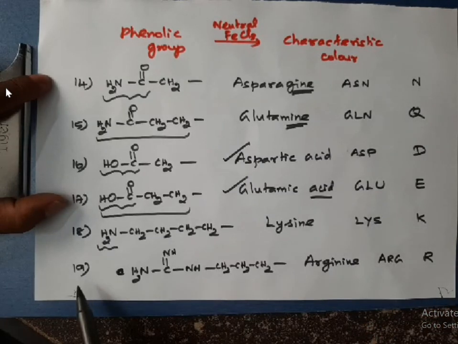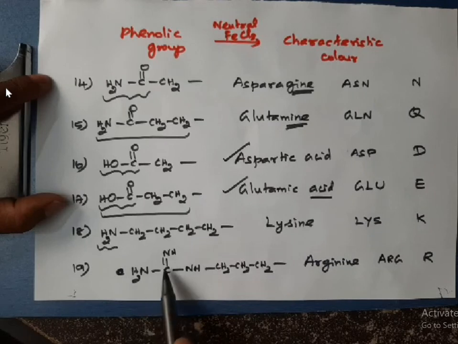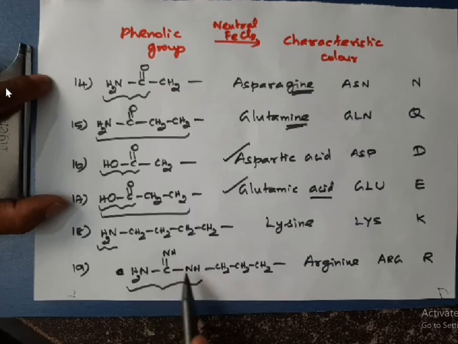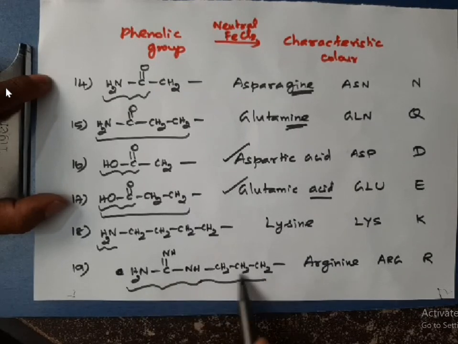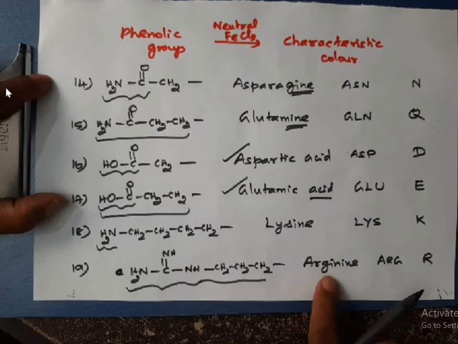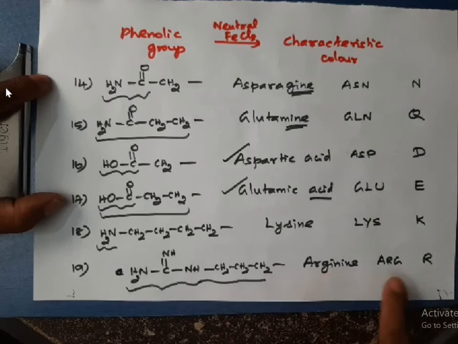Then the next amino acid: if we have NH2-C=NH, and we have a propyl unit also, if you have this group as the R group, you will get an amino acid called arginine.